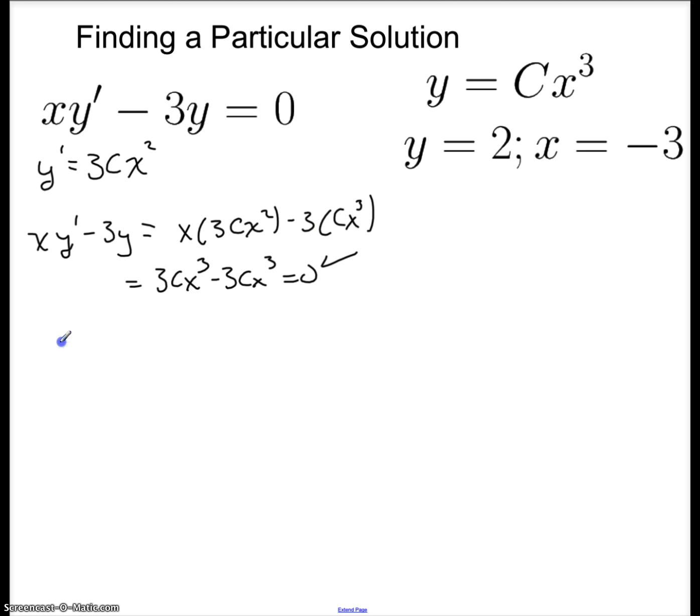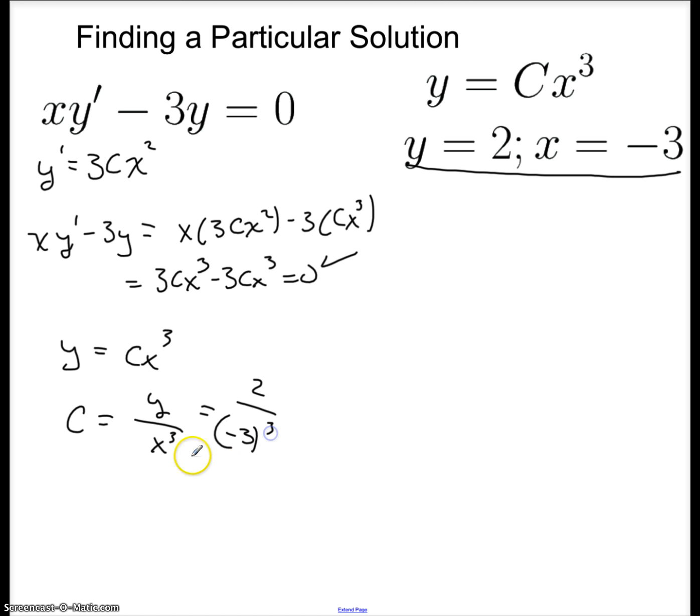All right, so I have y equals c x cubed. If I solve this for c, I've got y divided by x cubed. So to find my particular solution, I put in my initial conditions. Now, initial conditions are simply going to be a point on the curve that satisfies the equation. So this is 2 divided by negative 3 cubed.